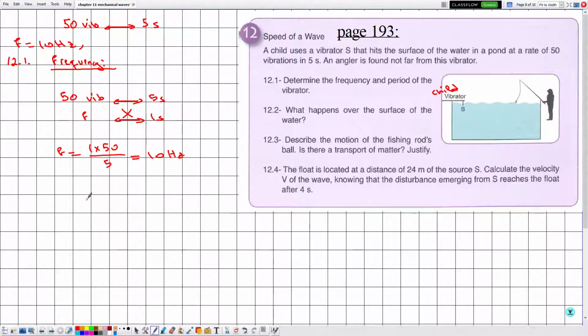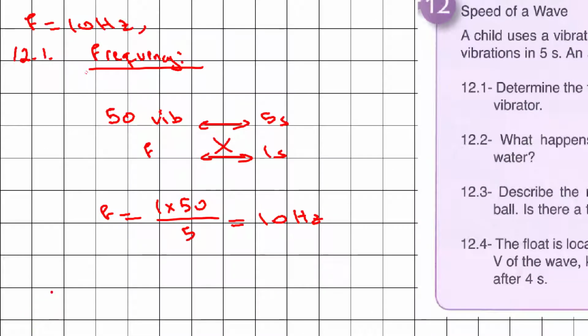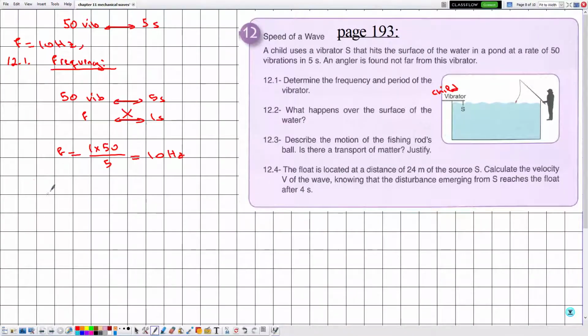Now the period can be calculated in two different ways. The first one is that the period is given by 1 over f, and we know the value of f. The other way is to place one vibration here and here capital T. So I will refer to the rule of 3. So let me say the period: 50 vibrations corresponding to 5 seconds.